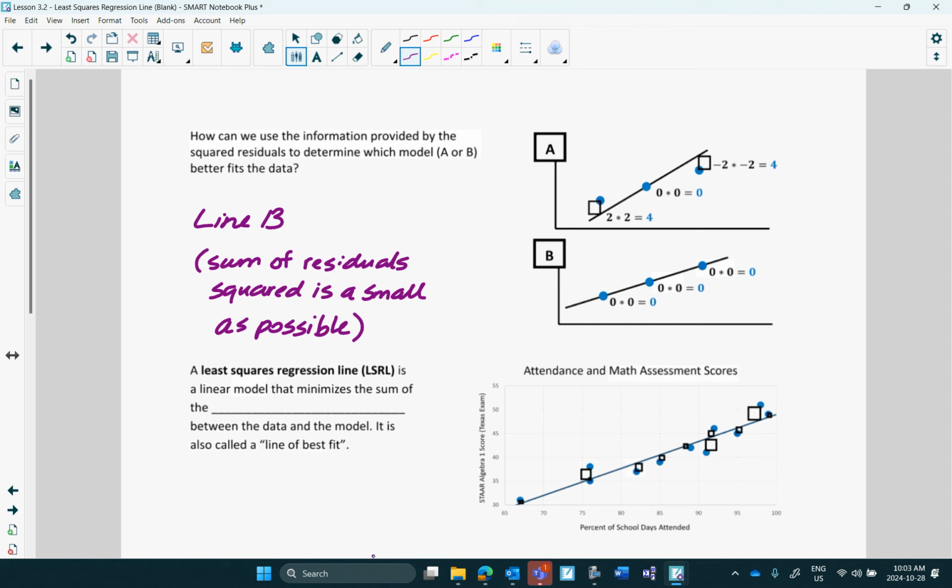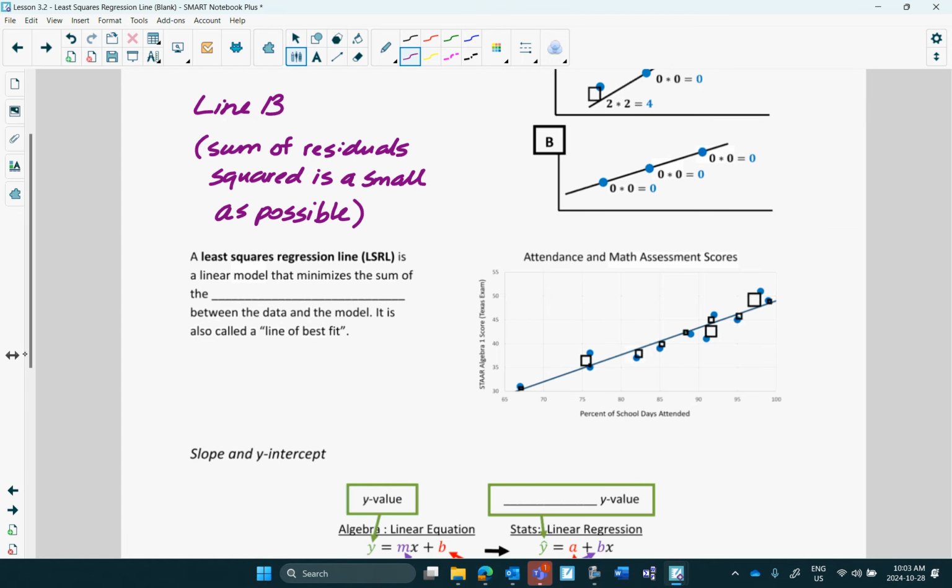So you can see here on the next scatter plot, this is the least squares regression line. If we fit in the line like this, the sum of the squares of the residuals will be as small as possible.